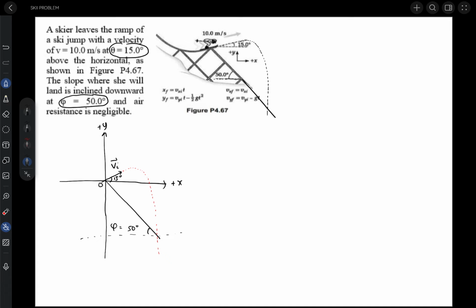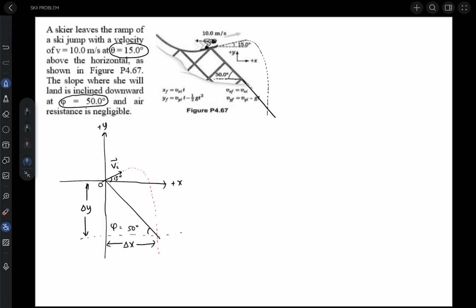So that makes delta x the change in the skier's x position, or his displacement on the x-axis, and delta y the displacement made in the y-axis. That's the difference between the final position and the initial position.